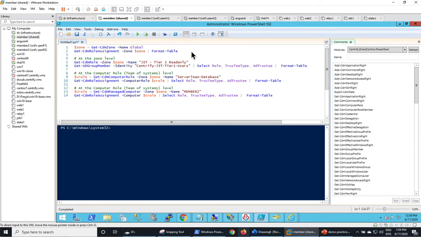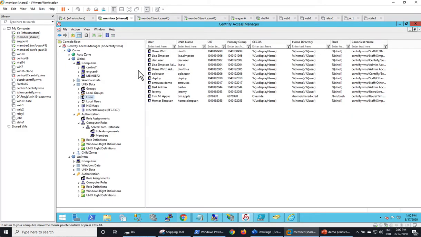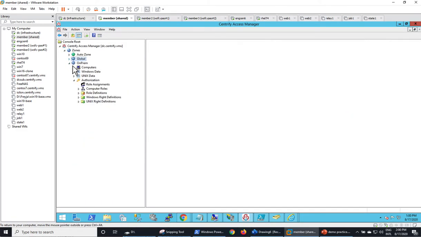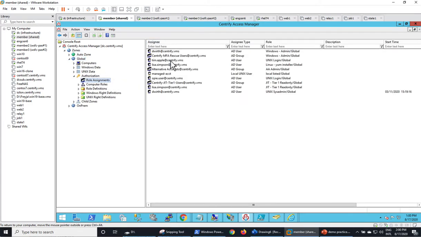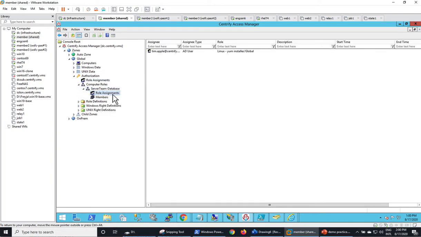And again, super important, roles can be assigned in 3 different contexts. This is super important in terms of design, because let me just contract everything here. Roles can be assigned at the zone level, right? You could have a team of systems and you can assign it at that level.